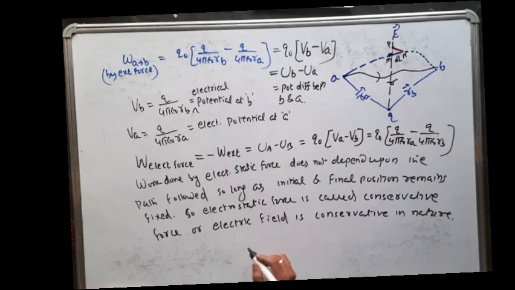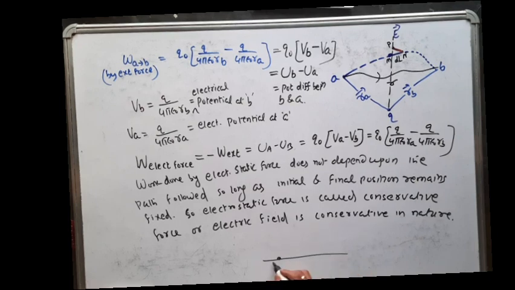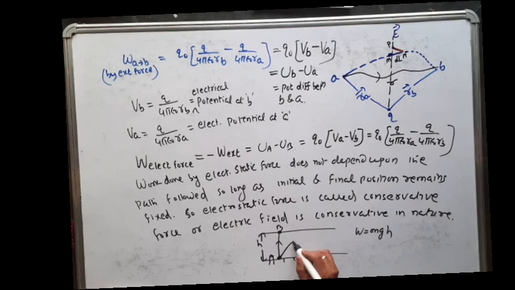So just like, suppose this is a body on the ground. I want to raise this body from A point to B point vertically. Let us say the vertical height is h. When I take this body of mass m to this height h, the work done is equal to mgh. But if I take this body from A to C, the vertical height remains the same.